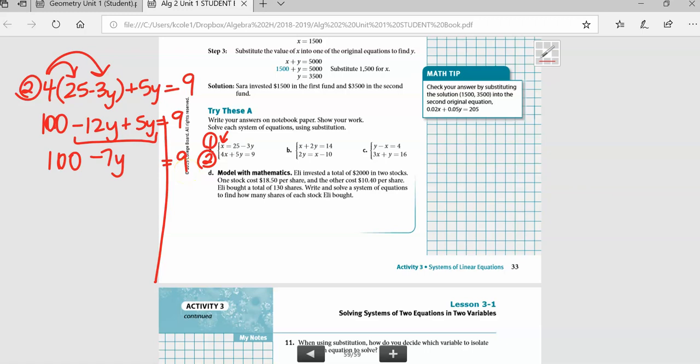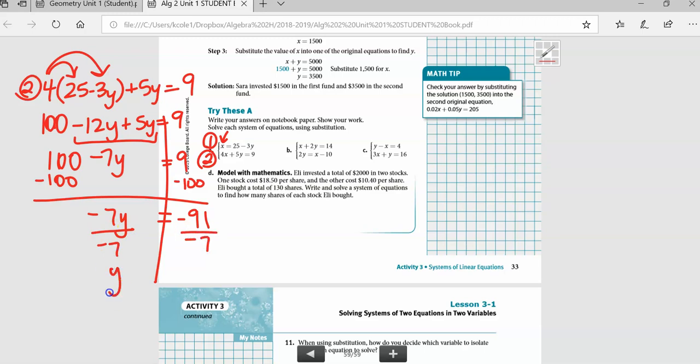I need to get Y by itself, so I subtract 100 because it's positive. So do the opposite operation, bring down -7Y. 9 minus 100 is -91. Divide by -7. Y equals +13.